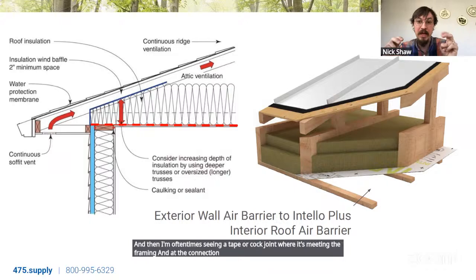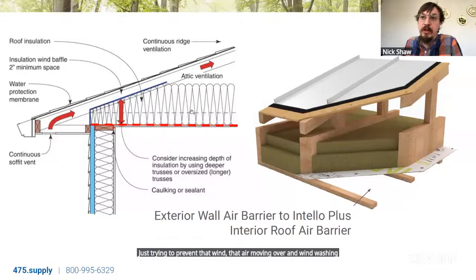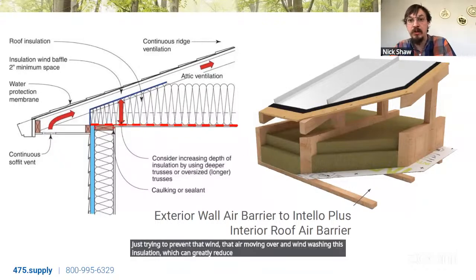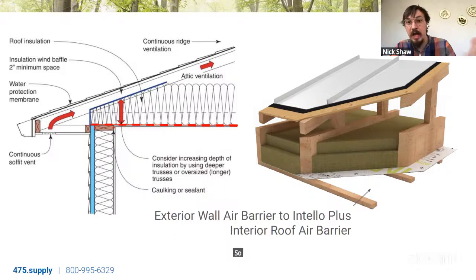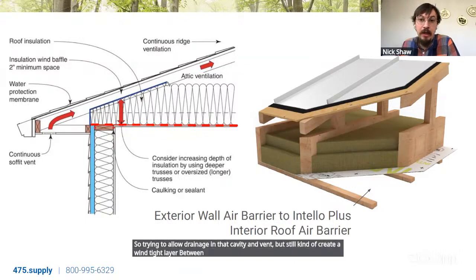And this is trying to make them as wind tight as possible, just trying to prevent that wind, that air moving over and wind washing this insulation, which can greatly reduce the R value. So trying to allow drainage in that cavity and vent, but still create a wind tight layer between that vented cavity and the insulation itself.